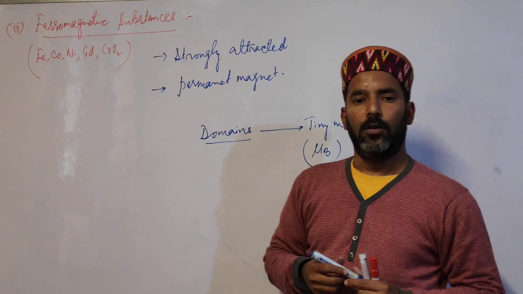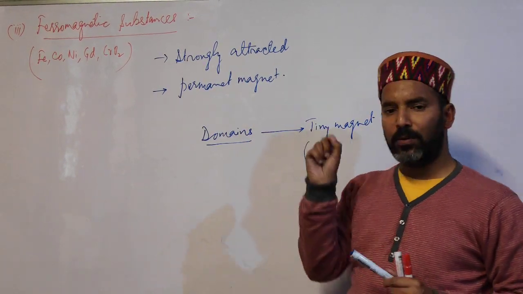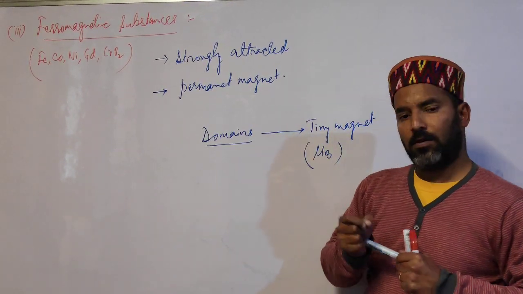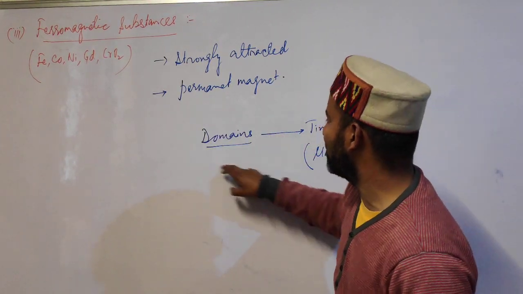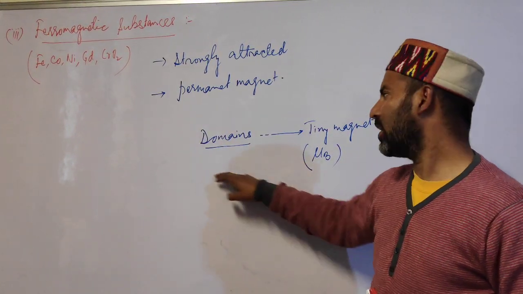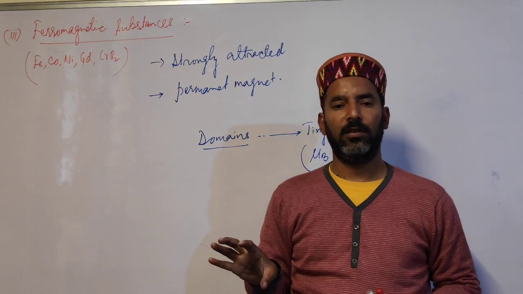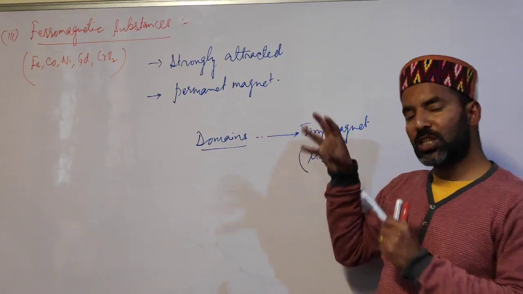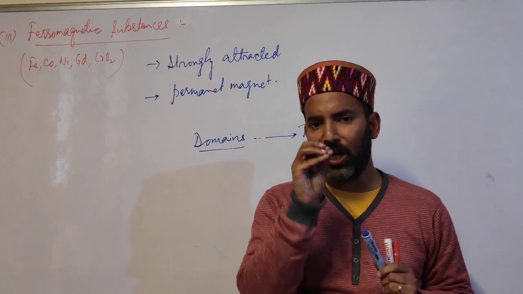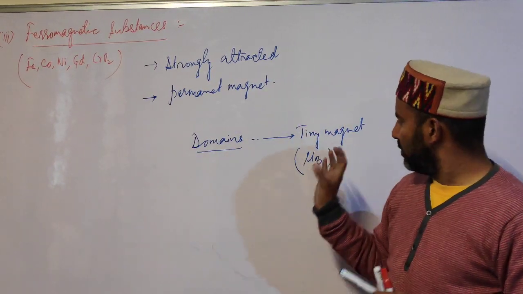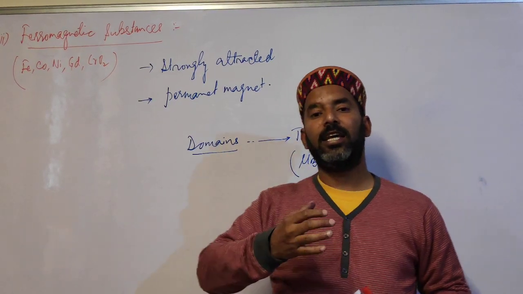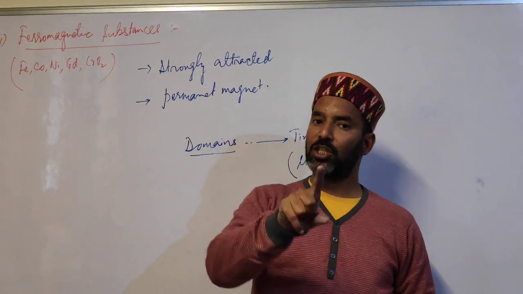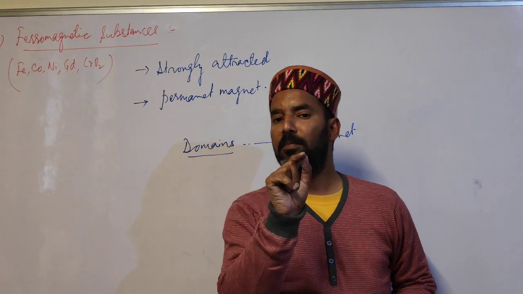Now, in an unmagnetized ferromagnetic substance, the magnetic moments of these domains are randomly oriented. But when such substances are placed in a magnetic field, the magnetic moments of the domains get oriented in the direction of the applied magnetic field.